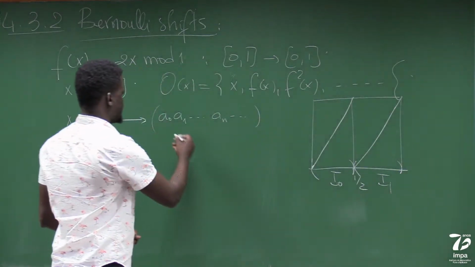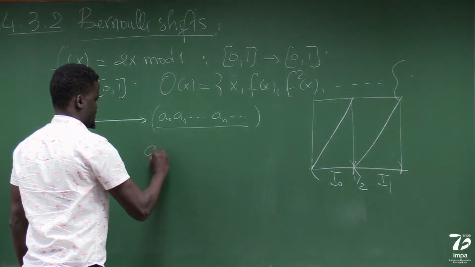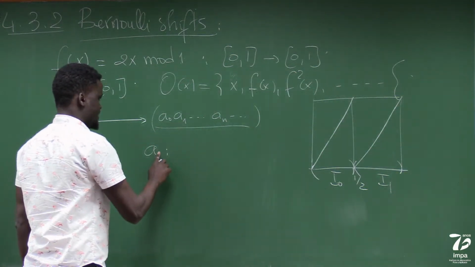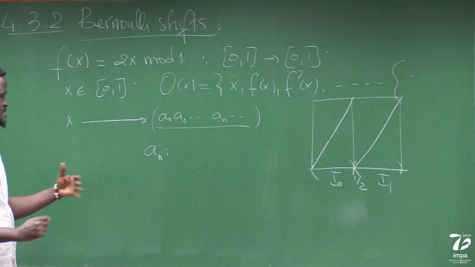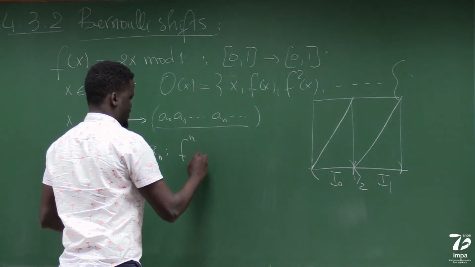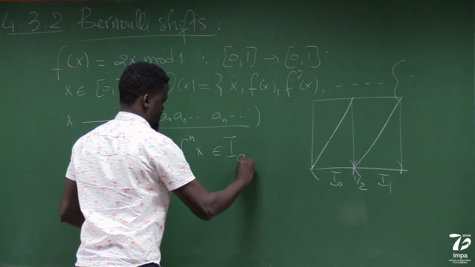So these digits will be defined such that a_n is such that f^n(x) is in I_{a_n}.